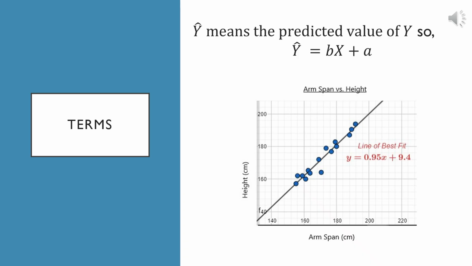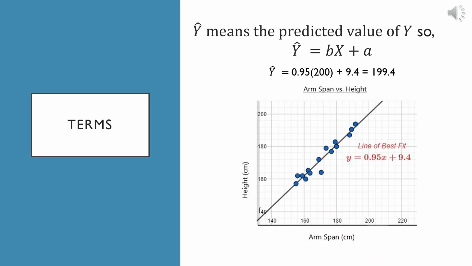You follow that all the way up to the line, and then you say, well, what number on the y-axis does that correspond to? It looks like also 200. So 200 centimeters in terms of height would be predicted from 200 centimeters of arm span. At least that's what it looks like, even though there's not really a point there. So that's why y hat is the predicted value of y.